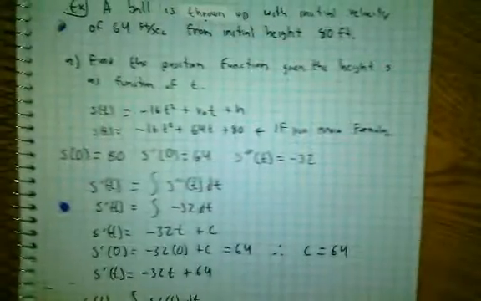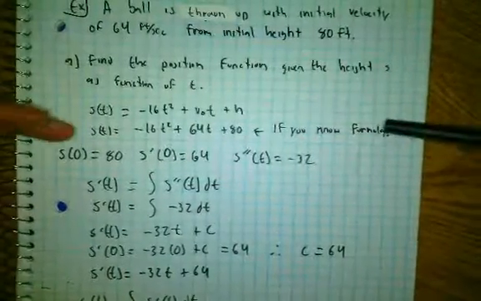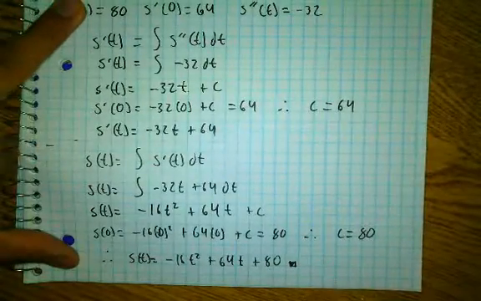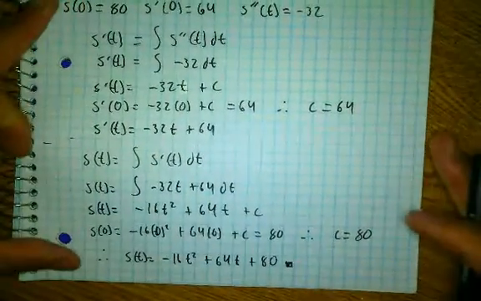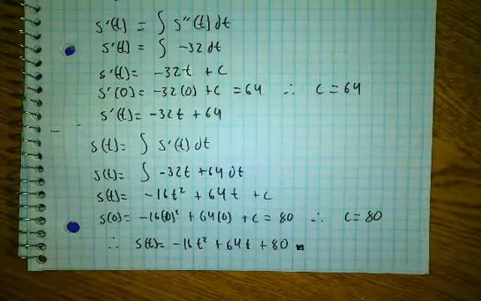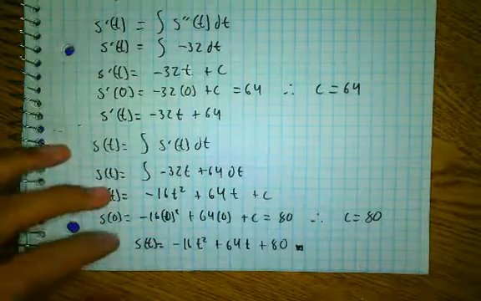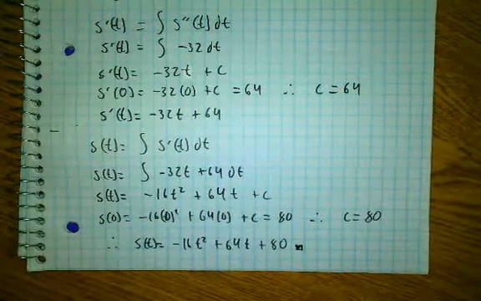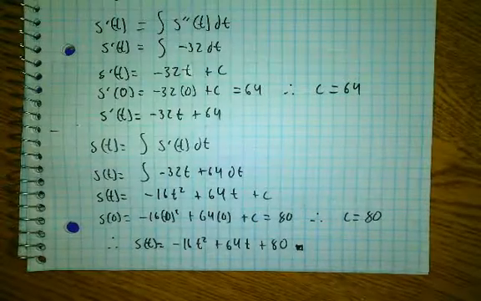Okay, so we're still on the same question. When does the ball hit the ground? And that's not calculus, that's just math. That's just algebra, I'm going to be honest.